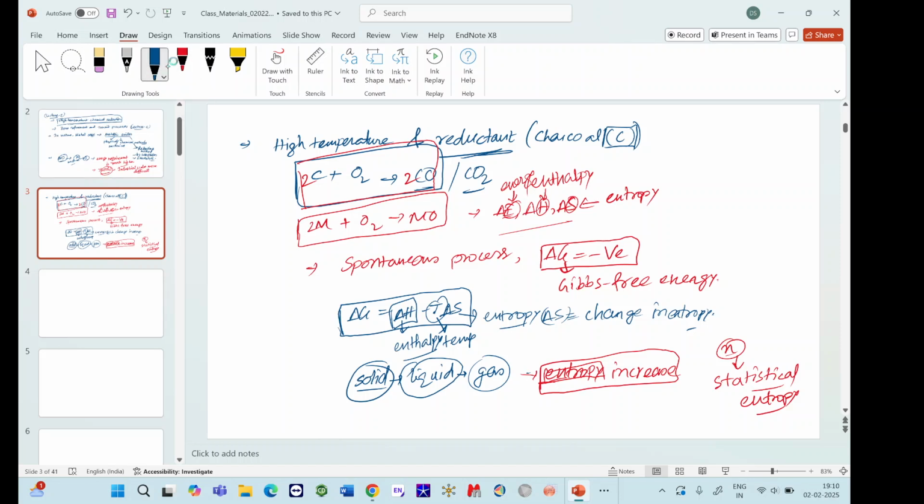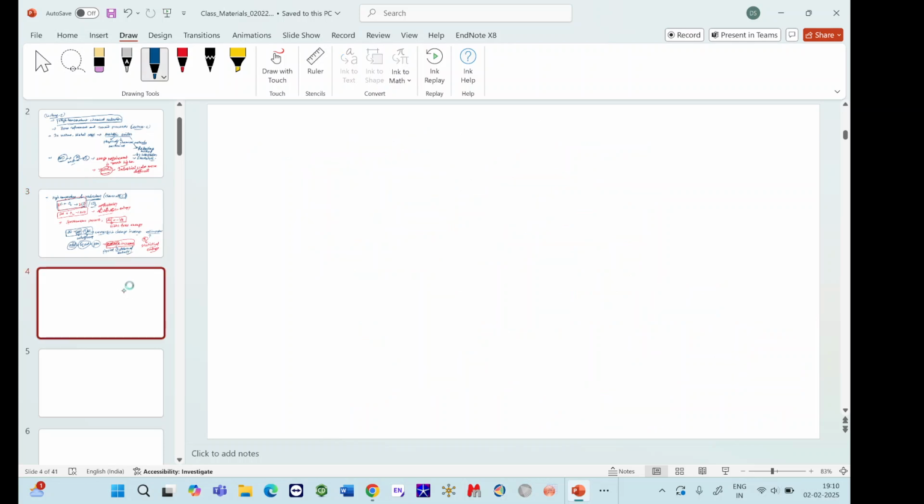This is not of importance. Mostly we'll focus on the physical state based entropy. Okay, so what happens?